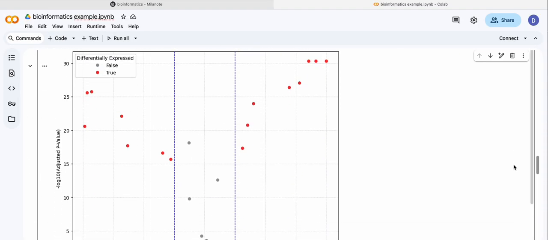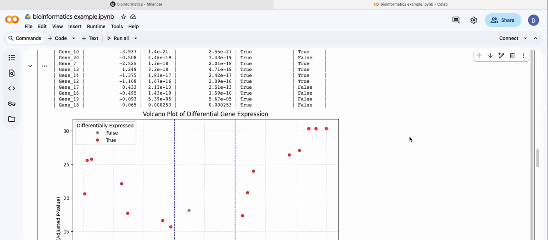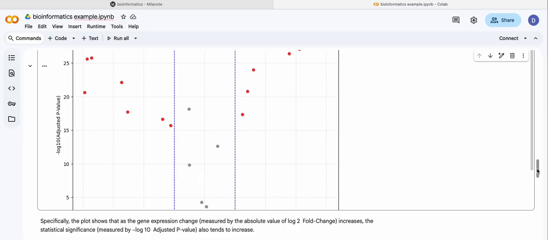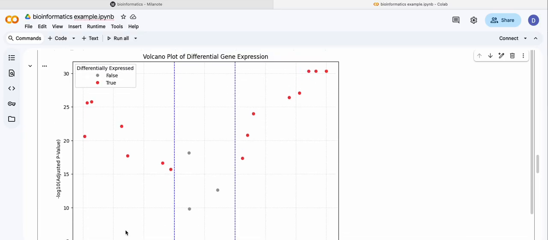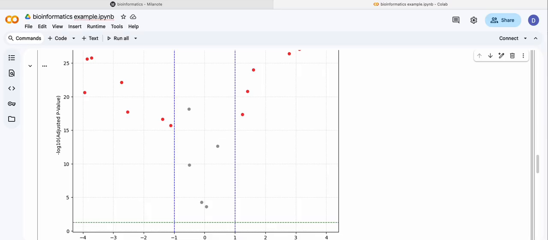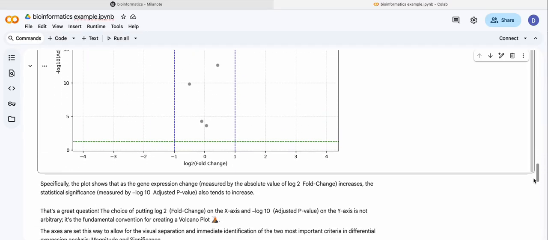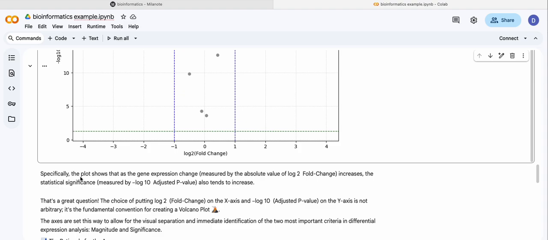And I've never seen a volcano plot before, but this is a volcano plot. The middle is where there's no significance, and the other ones outside of that are significant, so those are moving towards a particular value. Specifically, the plot shows the gene expression change measured by absolute value of log 2 fold change.